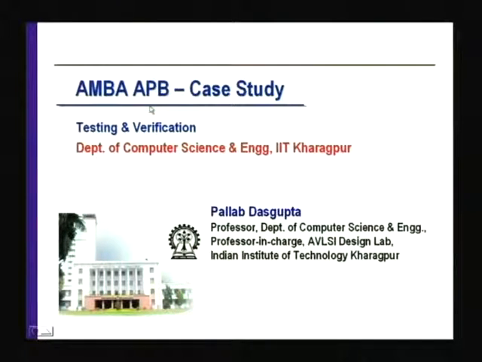AMBA is an advanced bus architecture for the ARM processor, and the ARM processor has two types of buses, the advanced AHB bus and the APB bus. I am going to describe what these two buses are and what the total ARM architecture is, and then we are going to study this protocol in more detail and see how we can build a verification environment for this protocol.